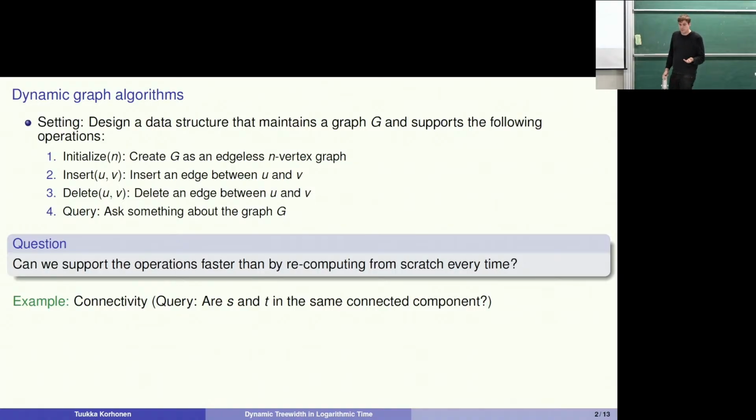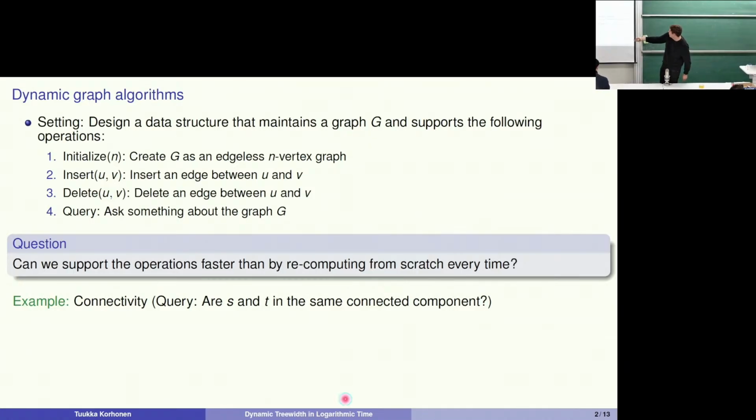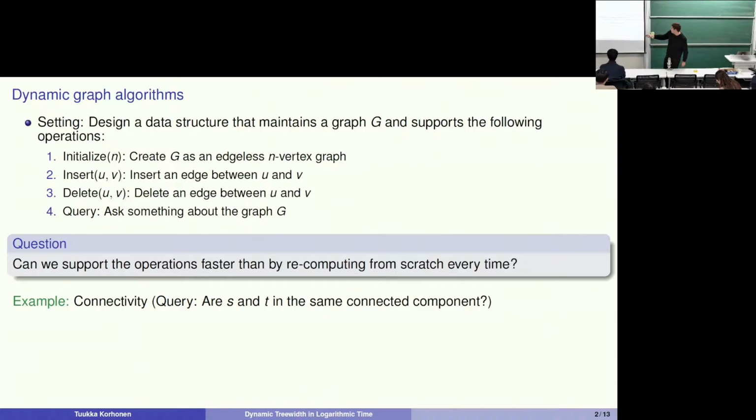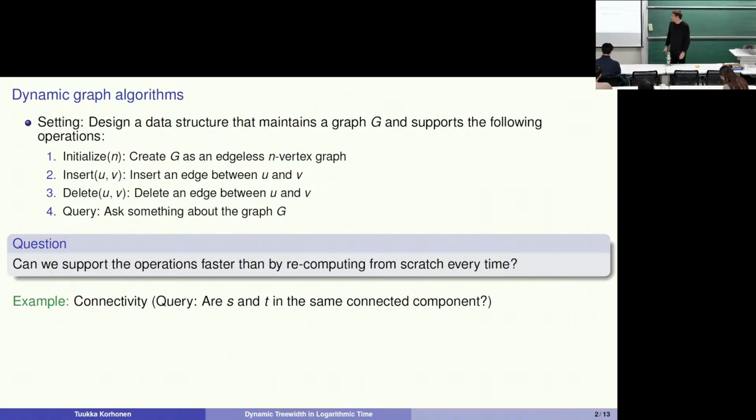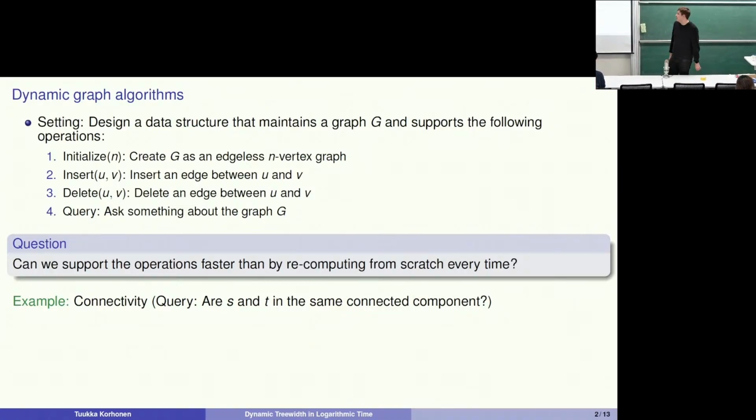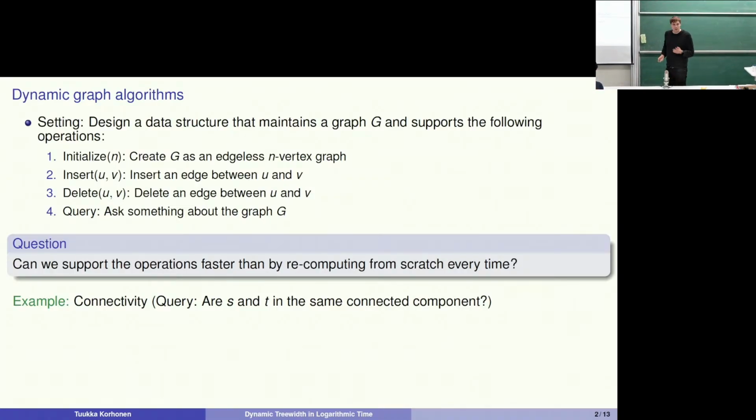One traditional example of this is dynamic connectivity. In this case, the query is: we're given two vertices S and T, and we want to ask, are they in the same connected component of the graph? For this, probably many of you know some solutions.